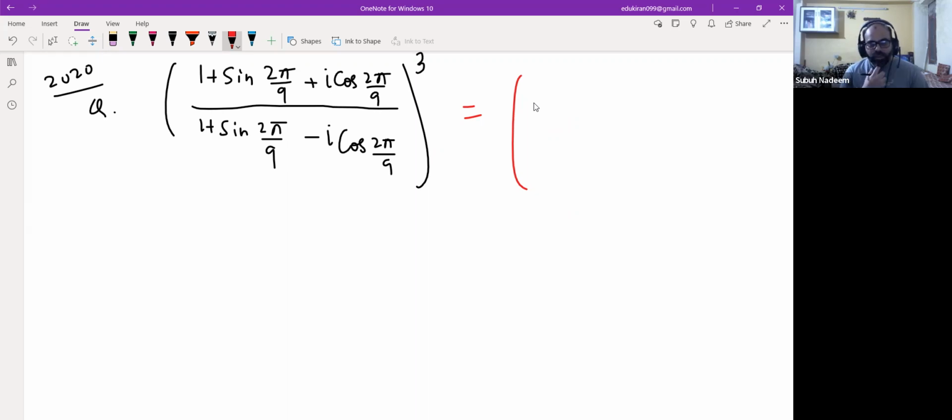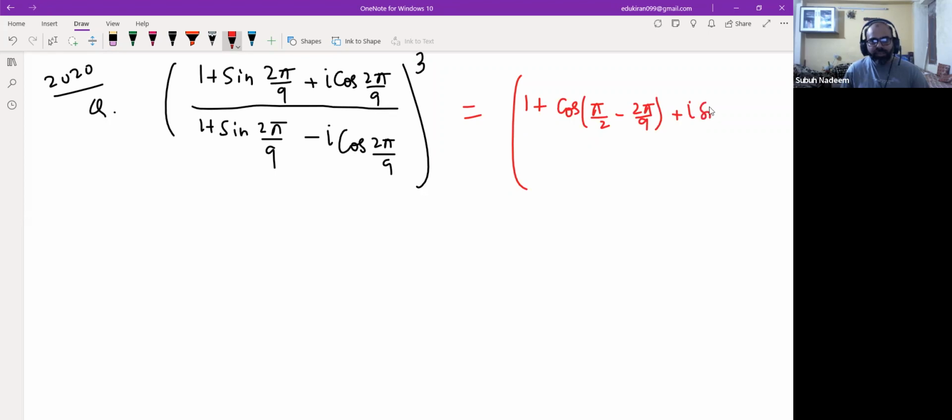So sine 2 theta could be 2 sine theta cos theta, or what else we could do. Yeah, one more thing is possible. 1 plus, let us write it like this, cos pi by 2 minus 2 pi by 9. There is some reason behind this, I will tell you.